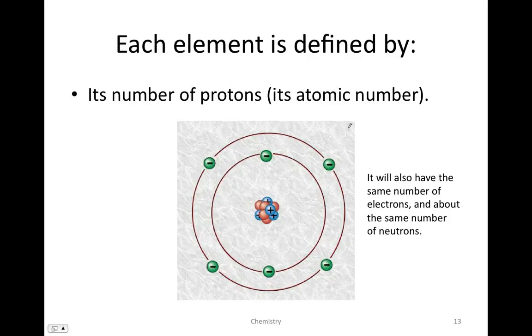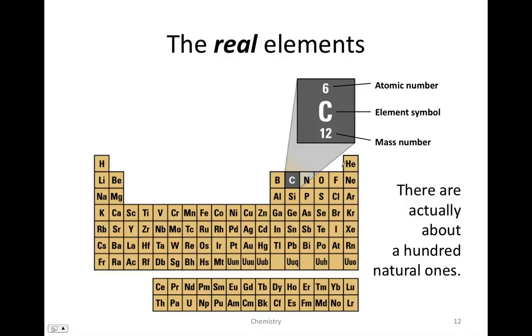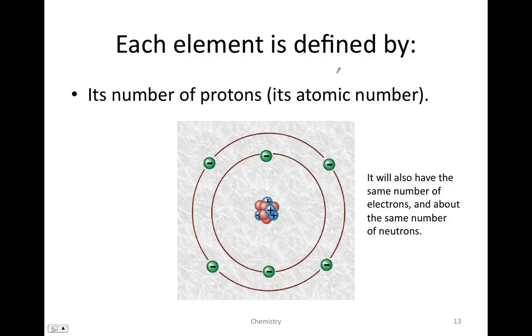So the type of element, all of the 100 or so elements of the periodic table, are each defined by their number of the subatomic particle protons that they have. That number, the number of protons that they have, is the atomic number.